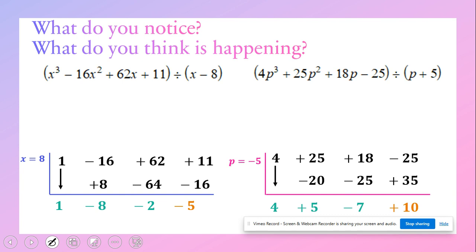Remember that our brains are hardwired for patterns too. The second example is 4p to the third plus 25p squared plus 18p minus 25, all divided by p plus 5. Again, what do you notice with the weird thing below it? What do you think is happening? Take a second to pause this video, write down what you notice and what you think is happening.